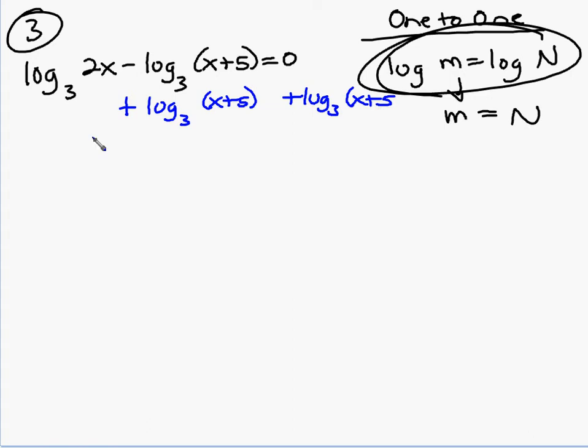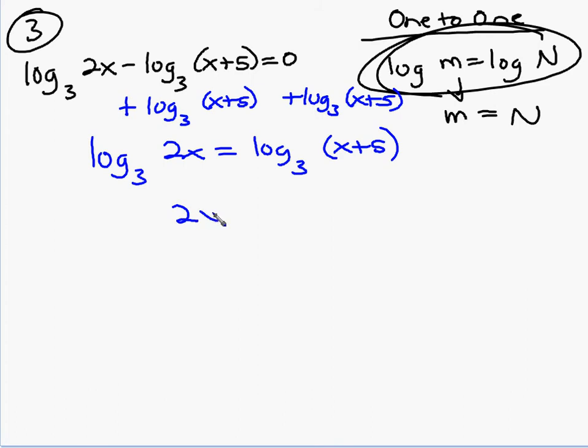Now I'm going to have log base 3 of 2x equals log base 3 of x plus 5. Now I have the log of something equals the log of something, so I can just drop the logs. Now I have 2x equals x plus 5, and it's a very simple algebra equation. Subtract x, x equals 5. Okay.